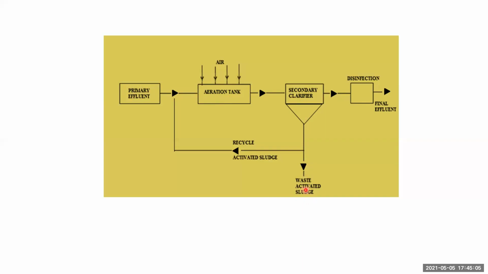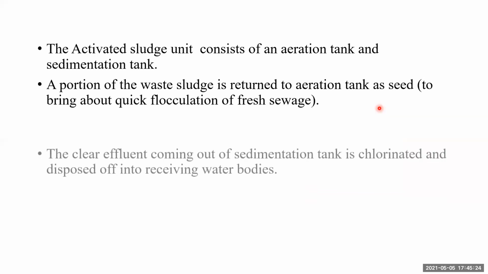Some of the activated sludge is passed back into the aeration tank. Whatever liquid effluent remains in the secondary sedimentation tank is subjected to tertiary treatment like disinfection, and finally the effluent can be disposed of into any water body.